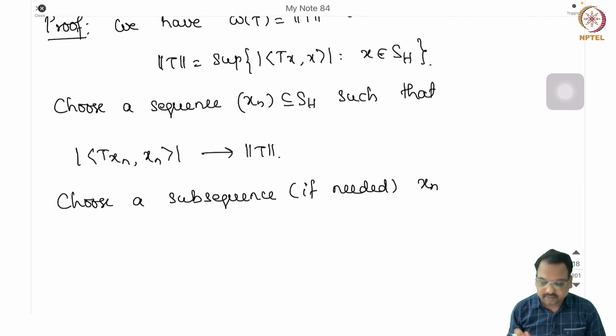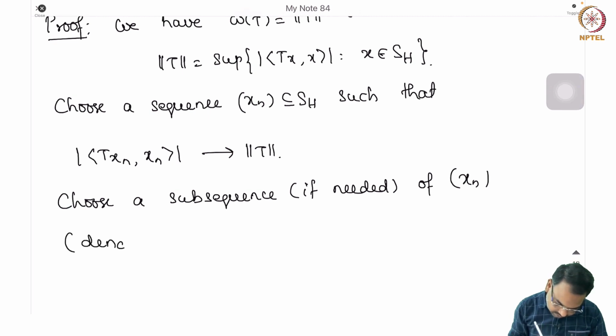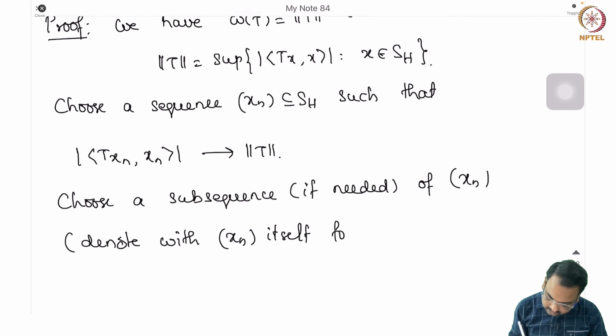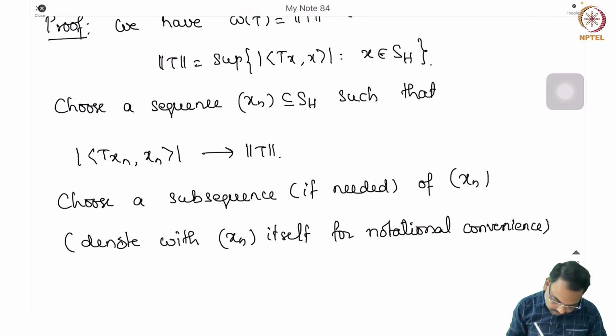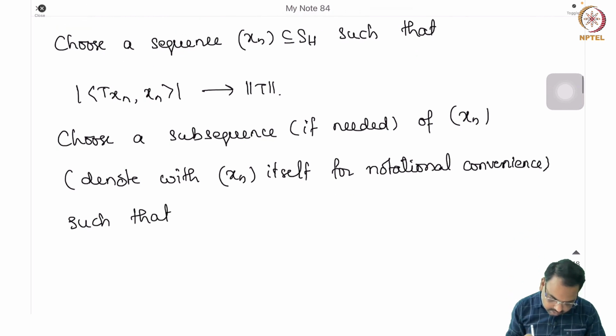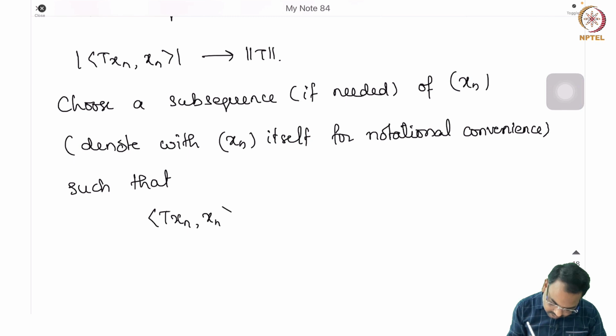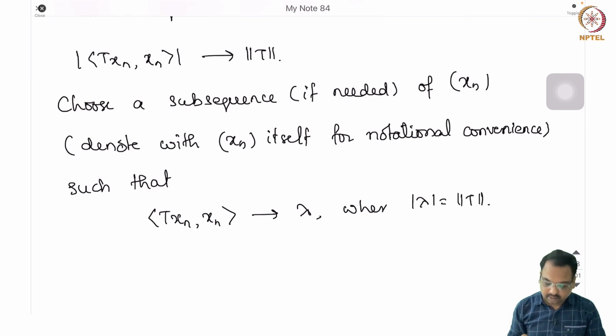It should be written xnk of xn, but we are denoting the subsequence with the same symbol xn for notational convenience, because we have to deal with another subsequence again, such that inner product T xn with xn converges to lambda, where mod lambda is norm T. This we have seen earlier also.